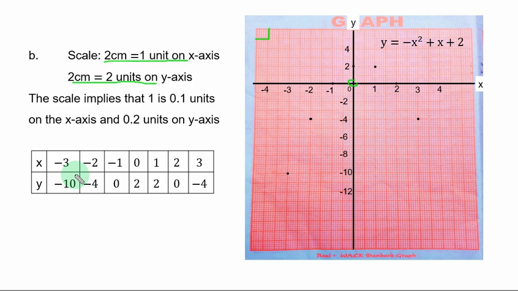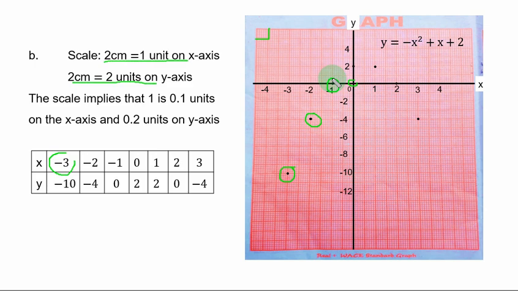Next thing is to plot the points. When x is minus 3, y is minus 10. This is minus 3 for x, minus 10 for y. This is the meeting point. Minus 2, minus 4, somewhere here. When x is minus 1, y is 0; you plot that point directly on the x-axis.